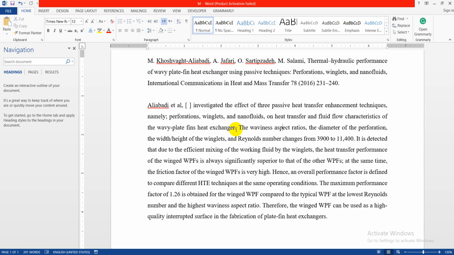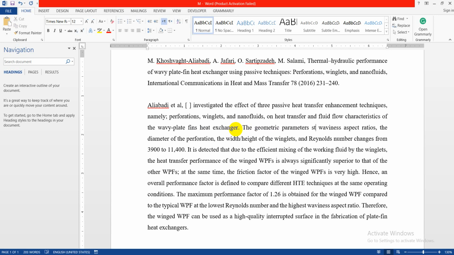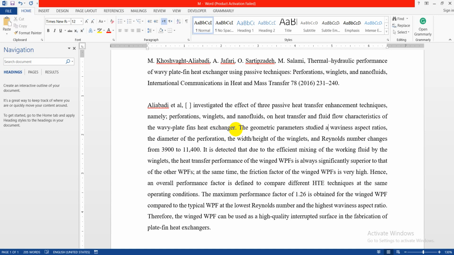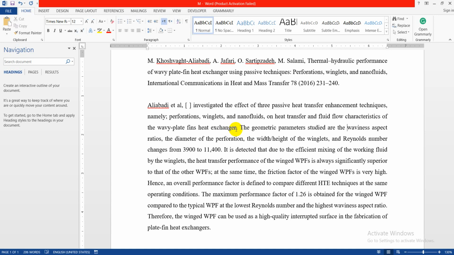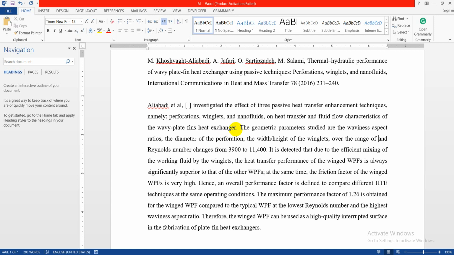So what I will say: the geometric parameters studied are the wavelength aspect ratio, the diameter of the perforation, and the height of the winglet over the range of the Reynolds number.